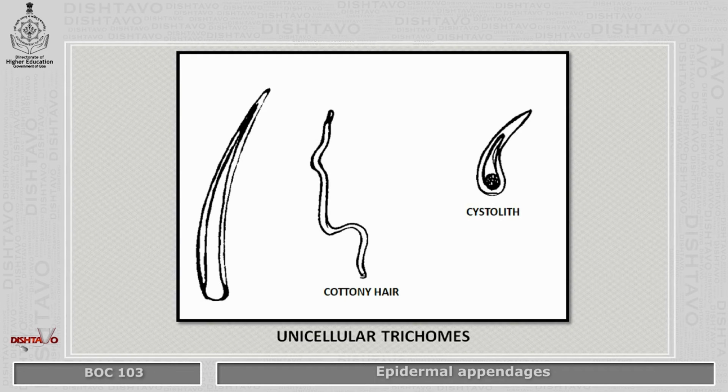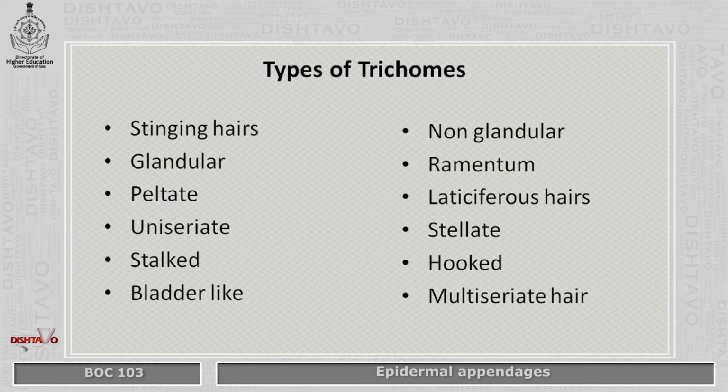In this picture, you can see the unicellular trichomes. It shows only a single cell. There are cottony hair type unicellular trichomes which have a wavy-like structure and look like cotton hair. Then you have cystoliths. Trichomes are categorized based upon the presence and absence of glands also.